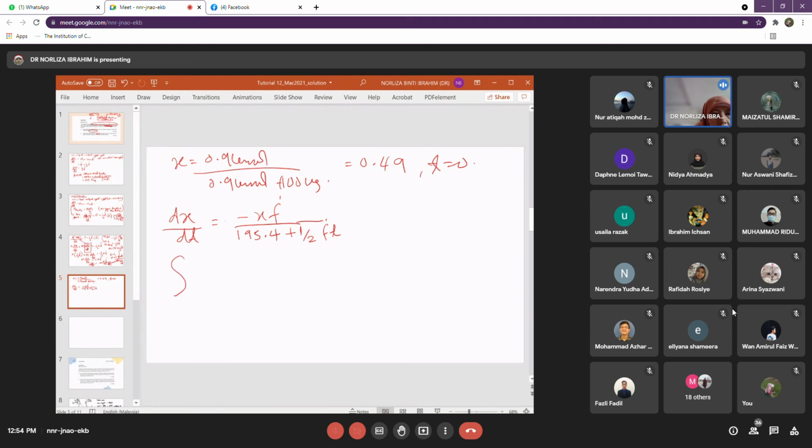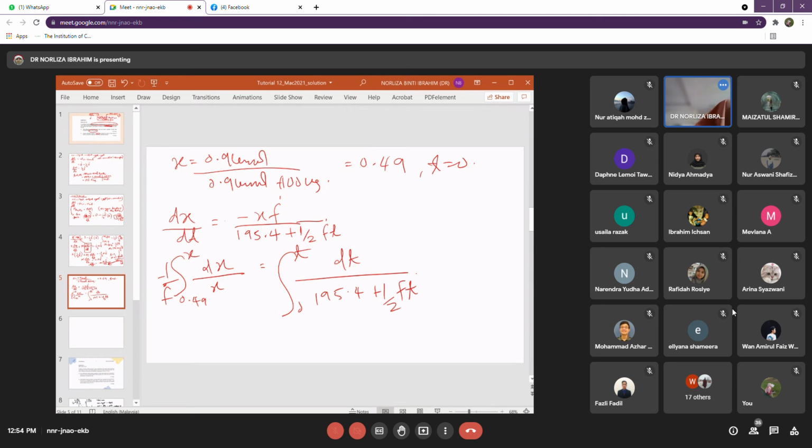To do the integration, you have dx here, negative 1 over fx. f you can take out because, as I mentioned, it is a constant. And here you integrate dt from 0 to t, over 195.4 plus half f dot t.